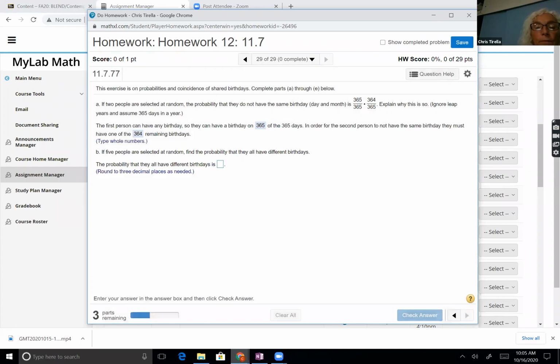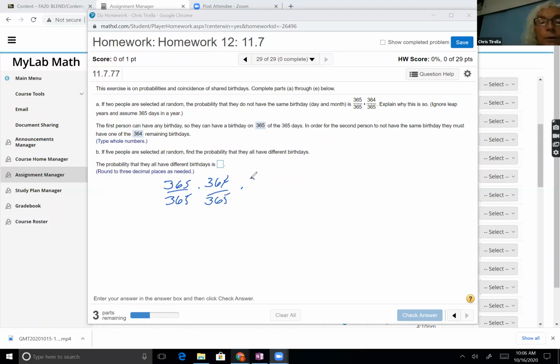If 5 people are selected at random, find the probability that they all have different birthdays. If I were to expand that reasoning for 5 people, the first one could be any 365 out of 365. The second one can be 364 out of 365.